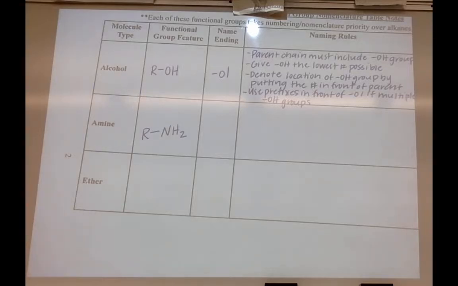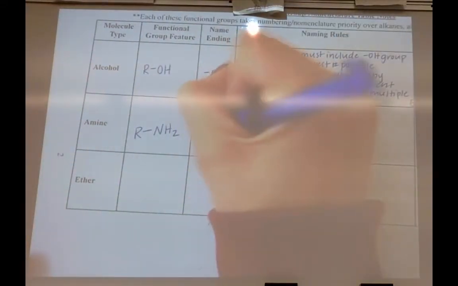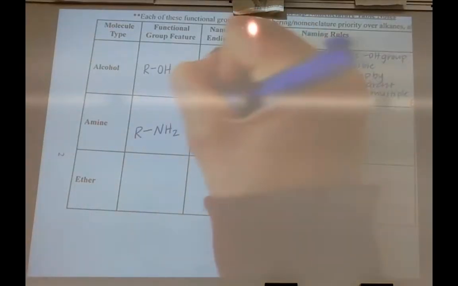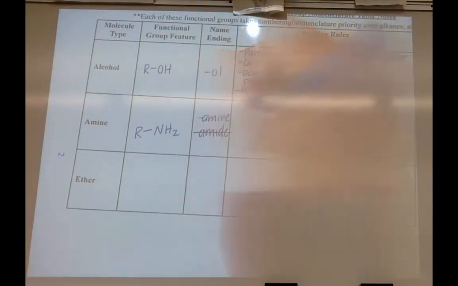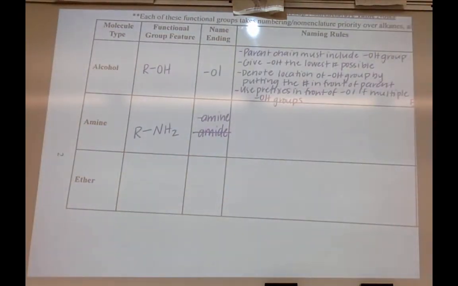Difference between amine and amide, we don't see the carbonyl carbon in amine. So amine is just the R and H2. The ending is amine, like the amide, but the ending is just going to be amine.